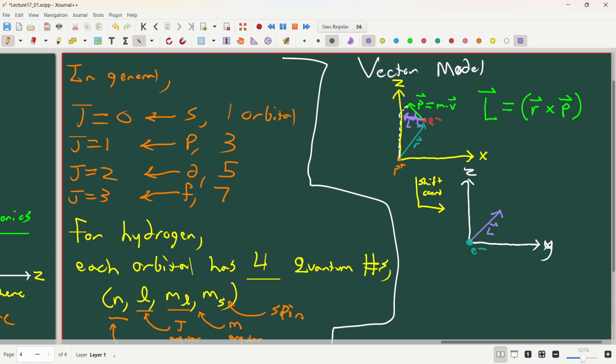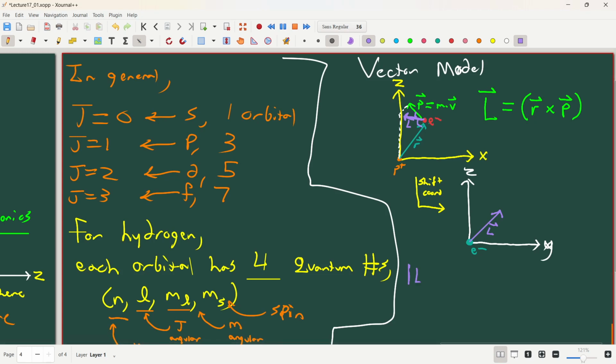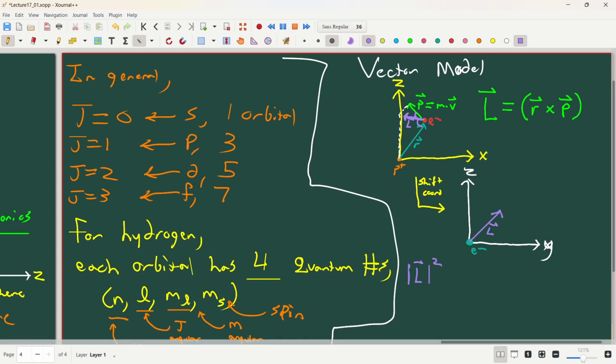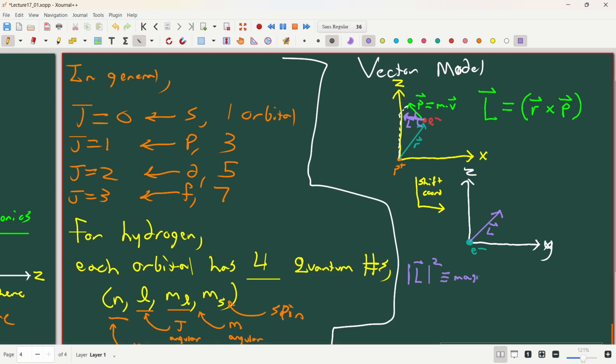And so we have a couple questions to ask, right? What's the length of L? What are the things we have to ask about a vector? What's the direction and what's the length? All right, so we know that L squared, the square of the length, the magnitude, is h bar squared j times j plus 1.